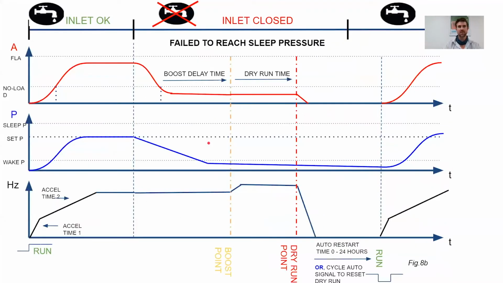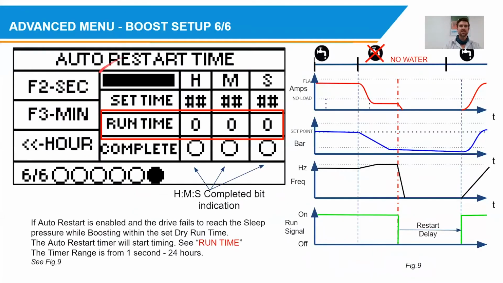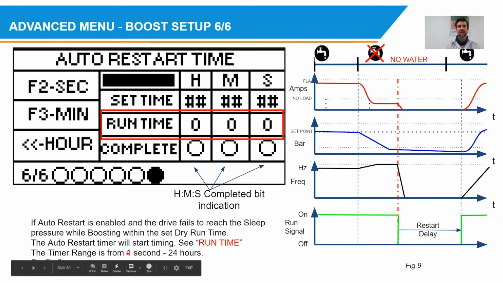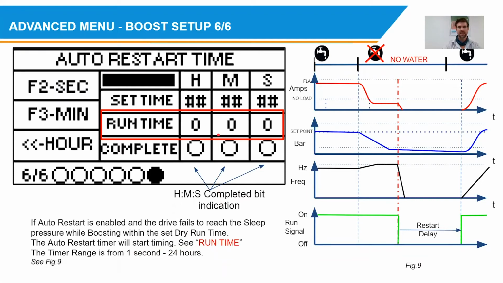I'm not going to go through the dry run. We can actually simulate it. The next page is our auto restart timer for the dry run. And this can be anything from 1 second to 24 hours that you can have the restart delay timeout for. So you set your seconds up here, you set how many minutes you want here, and you set how many hours you want here.